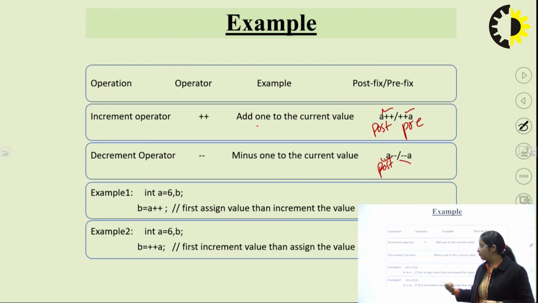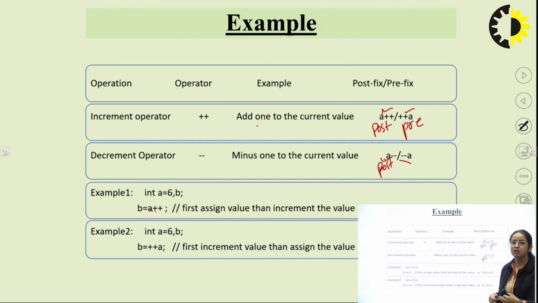Example: let's take the value of A as 6. Now what will be the value of B? You can see we are writing B assigned A plus plus. What does it mean? A is post-incremented. Post-increment means it first assigns the value, then it increments the value.